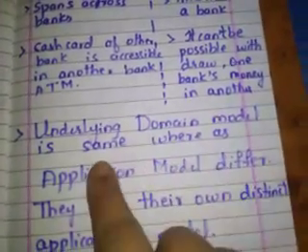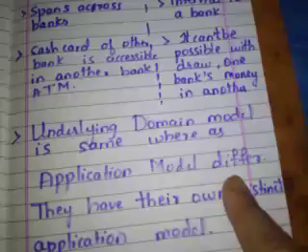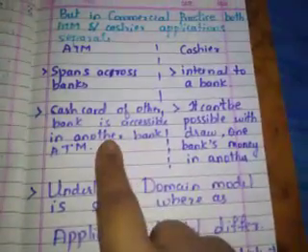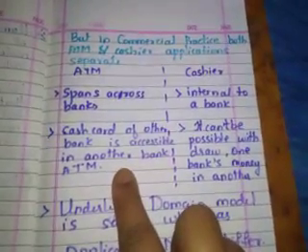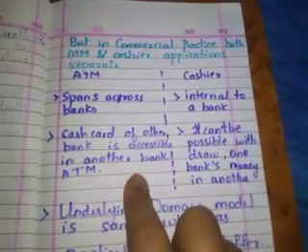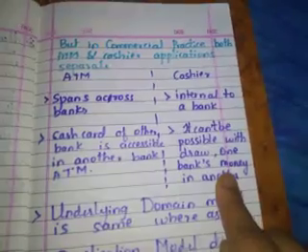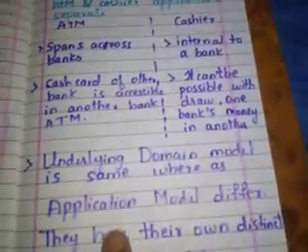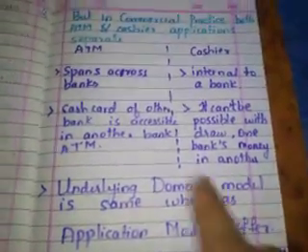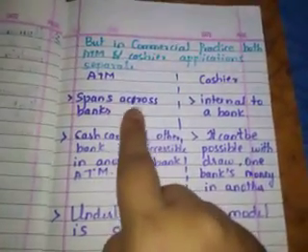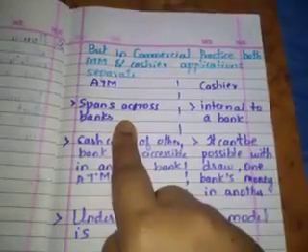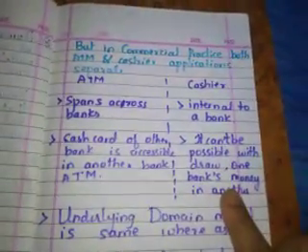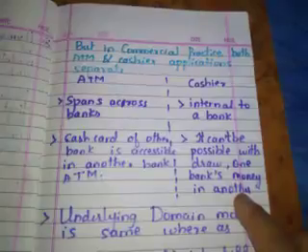The underlying domain model is the same, while the application model differs. Here also I am explaining the customer's interaction with the bank account only. But the application model differs, because you are allowed to use any card of any bank in any of the ATMs, but the same will not happen when you personally go to the bank.